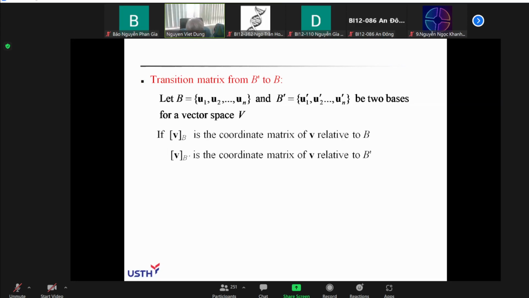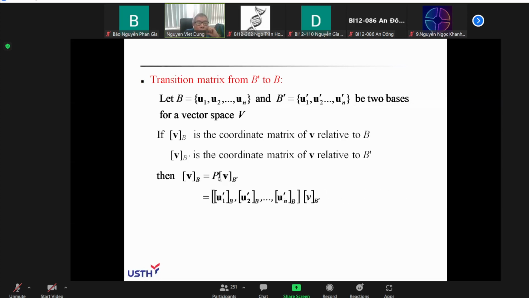It's up to you; you can call it any name. Now those coordinate columns are related to each other by the formula V sub B equals P multiplied by V sub B prime. So what is P? I write it here.